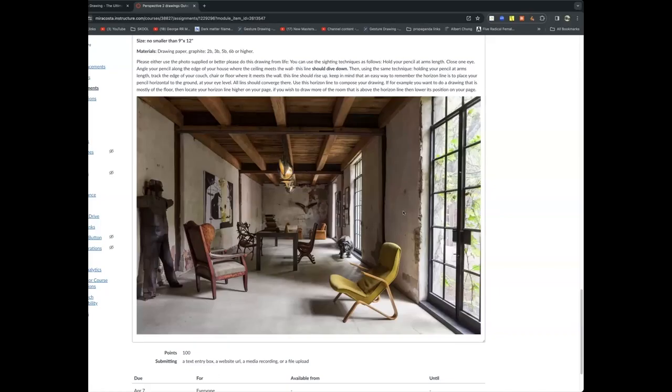So here's the photo. In the photo, I have lines that are diving down if I start from up here, or you could say they're climbing up, either way. If I were to lay my pencil along this line here, they're going to converge at some point. You can do this too.